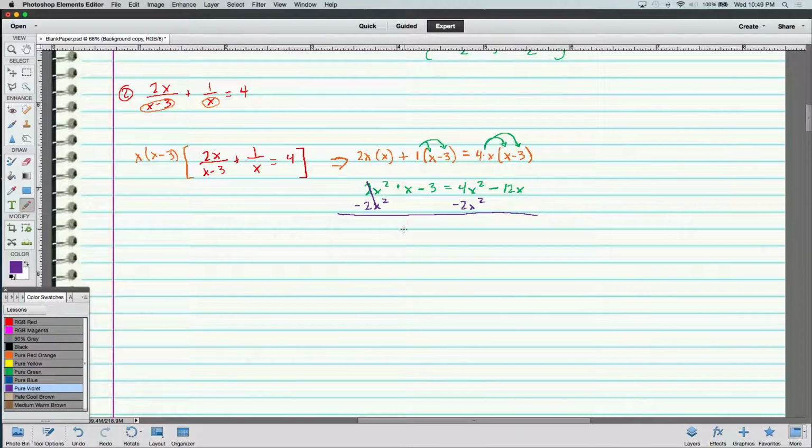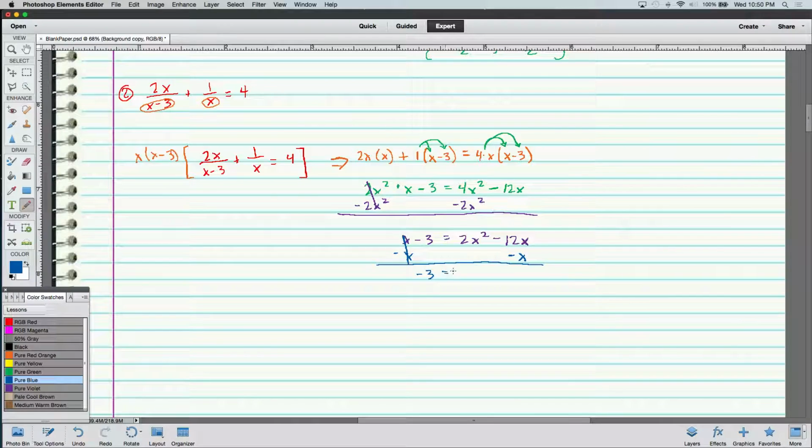Those will cancel, and we're left with x minus 3 on that side, 4 minus 2, which is 2x squared minus 12x. And then now we're going to subtract an x. Just be careful when you do these. You don't want to subtract this x from the x squared. Remember, it has to be the same exponent in order for you to subtract them.